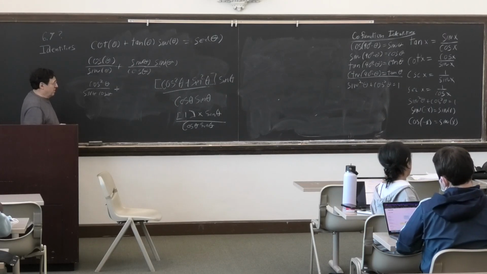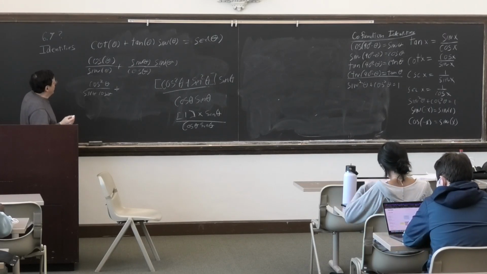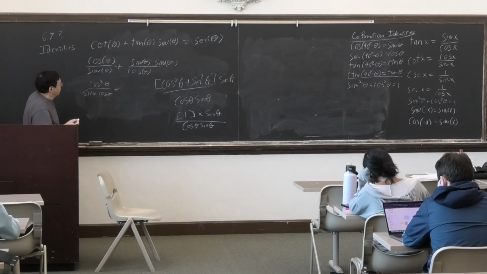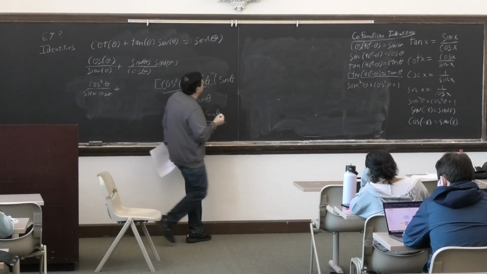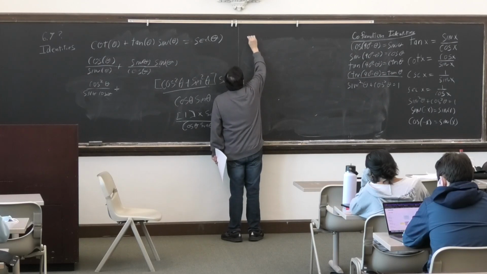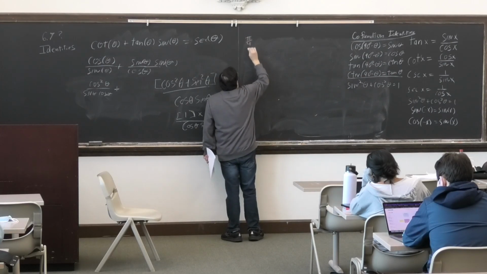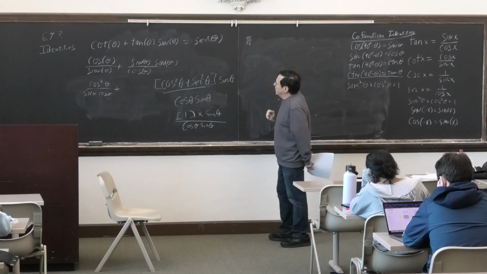I wonder if I could have gotten this wrong. Let's try some value, see if it works out. So how about, I'm just gonna pick pi over 4, because I think it'll be useful.